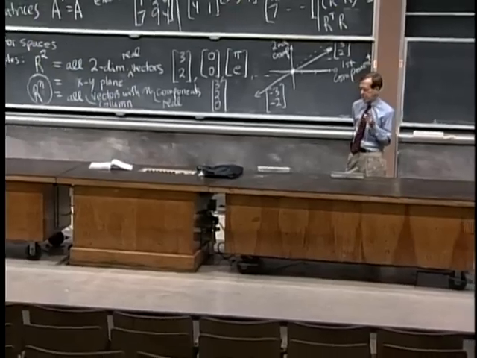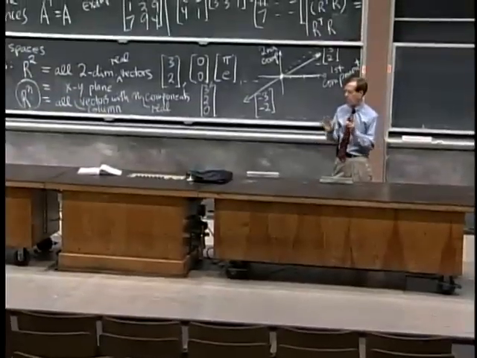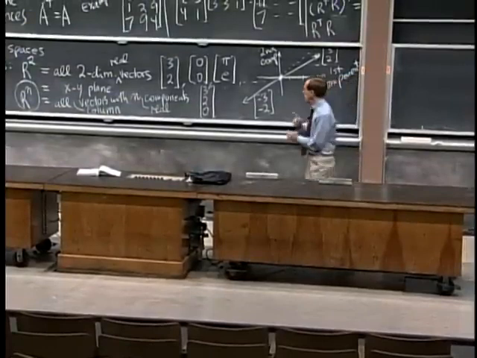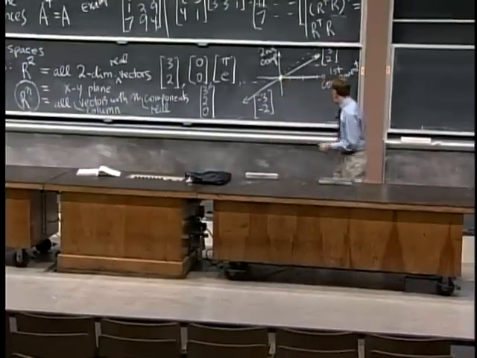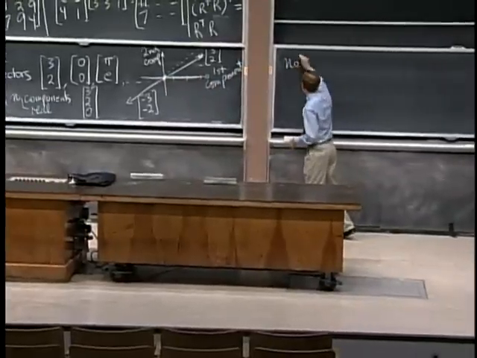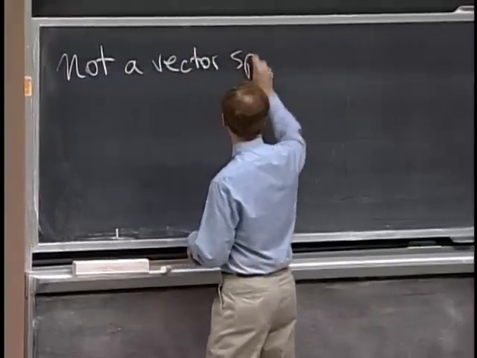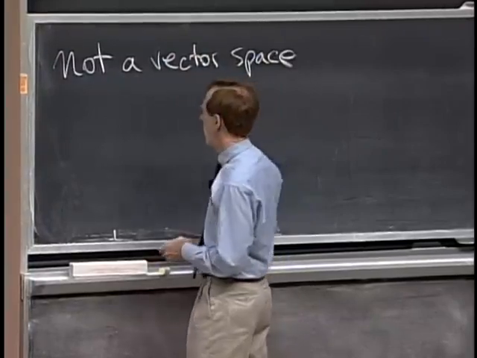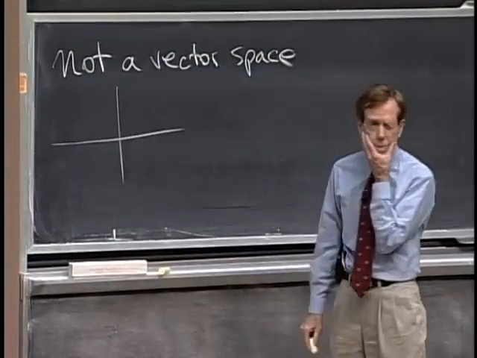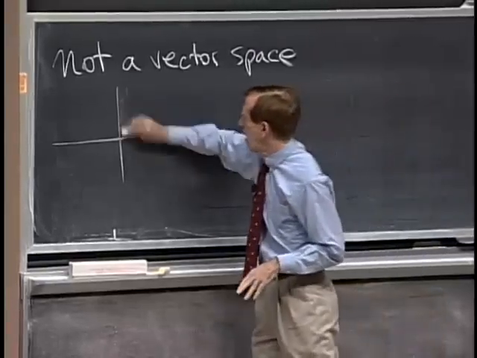Usually it's not those 8 rules that are in doubt. What the question is, can we do those additions and do we stay in the space? Let me show you a case where you can't. So suppose this is going to be not a vector space. Suppose I take the xy plane, so there's R2, that is a vector space. Now, suppose I just take part of it.